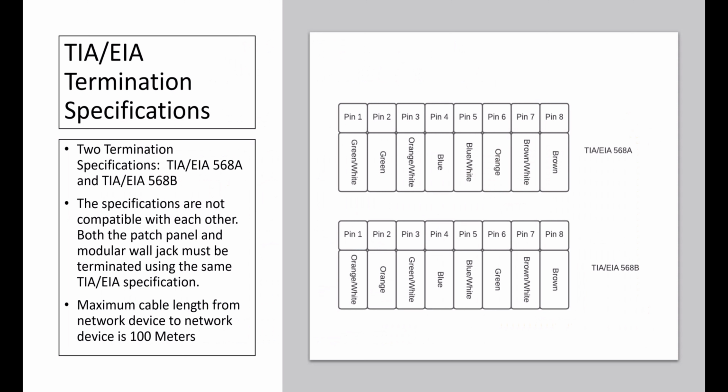For the TIA EIA 568B specification, pin 1 is orange-white, pin 2 is orange, pin 3 is green-white, pin 4 is blue, pin 5 is blue-white, pin 6 is green, pin 7 is brown-white, and pin 8 is brown. So we're really just swapping out the green, the white-green, the white-orange, and the orange cables.